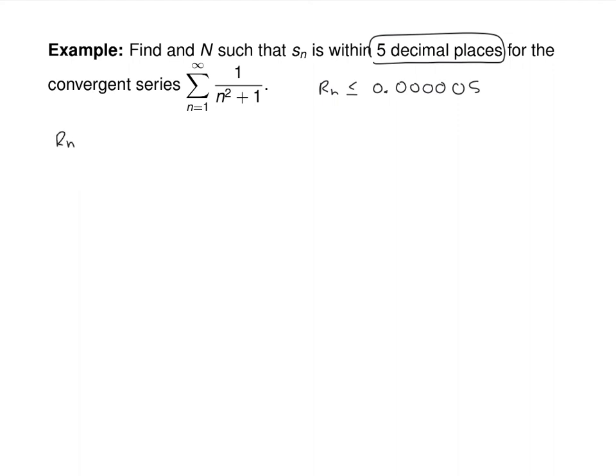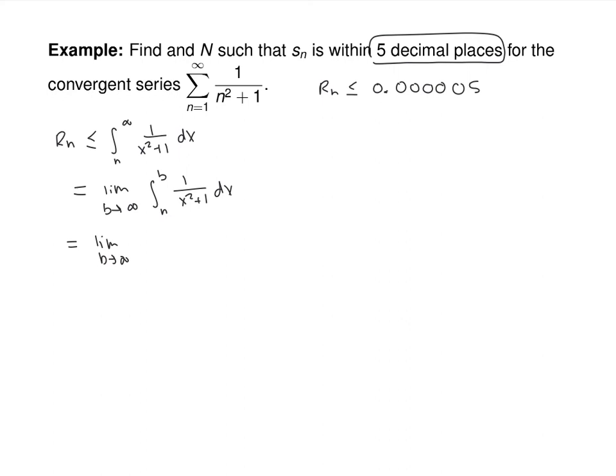So you want Rn, which is less than or equal to the integral from n to infinity of 1 over x squared plus 1 dx. You want that expression to be less than 0.5 zeros and a 5. So that's the same thing as the limit as b goes to infinity, integral from n to b, 1 over x squared plus 1 dx.